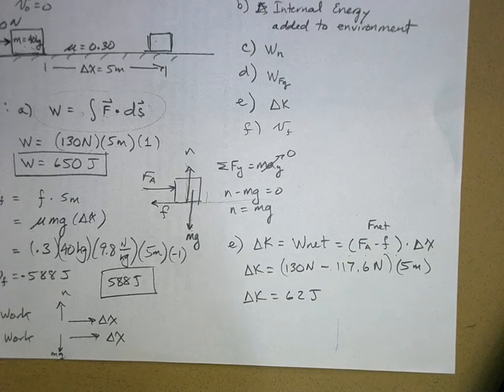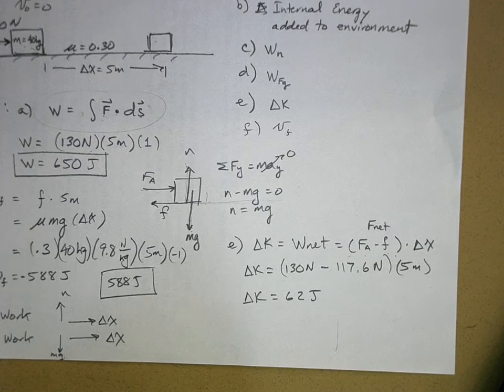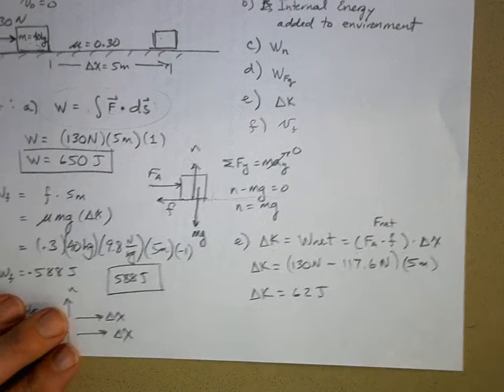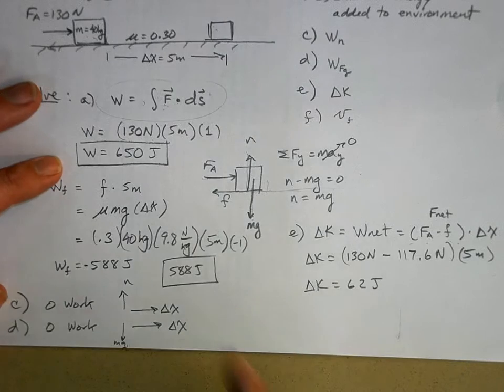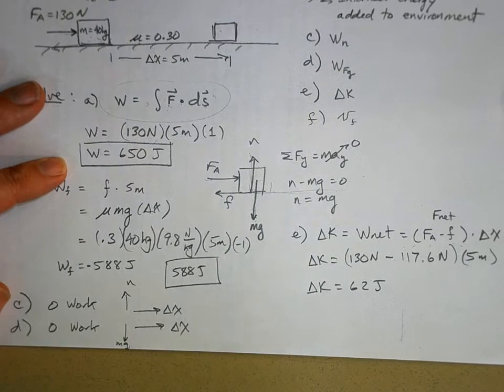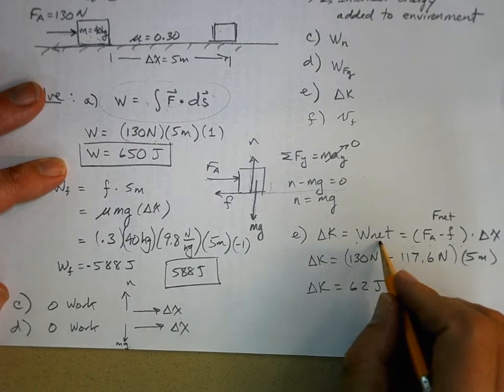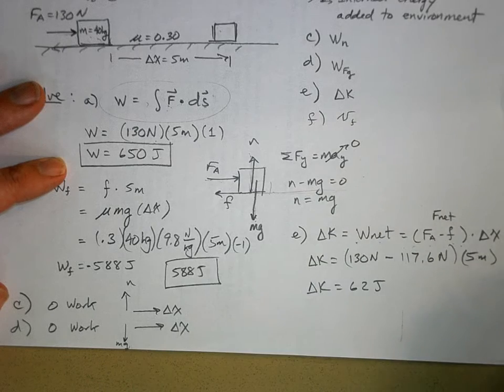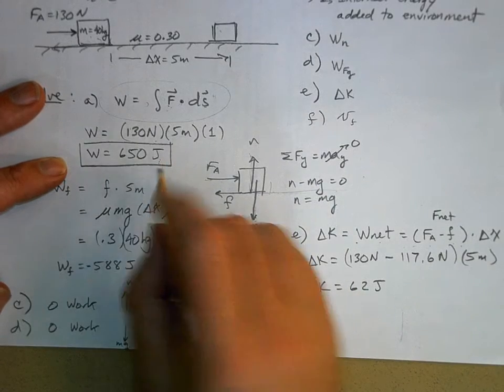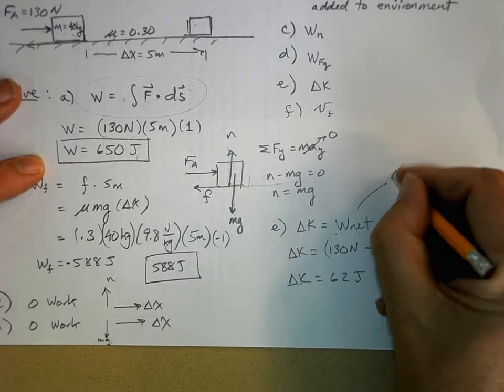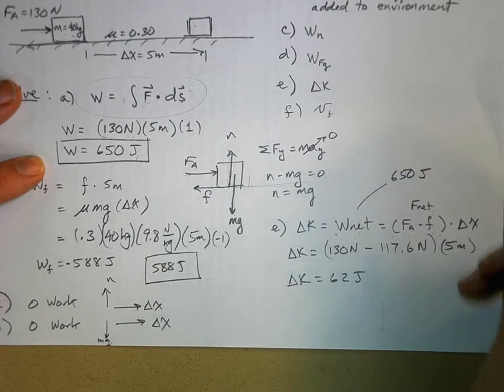So we increase the kinetic energy by 62 joules. Now there's another way of doing this, and that is, look at this. The work done by the net force is the same as the net work done. The work done by my applied force was 650 joules.